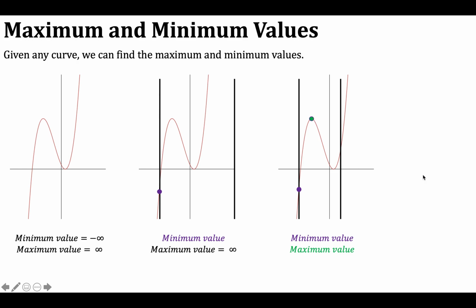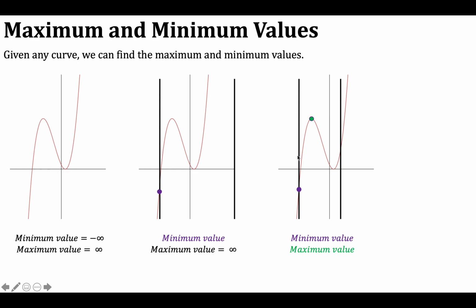So you can see that we've got a variety of things going on here. Here we actually had the minimum value, and here, being sort of endpoints of the curve within the given interval. And here, the maximum value happened to be a turning point.